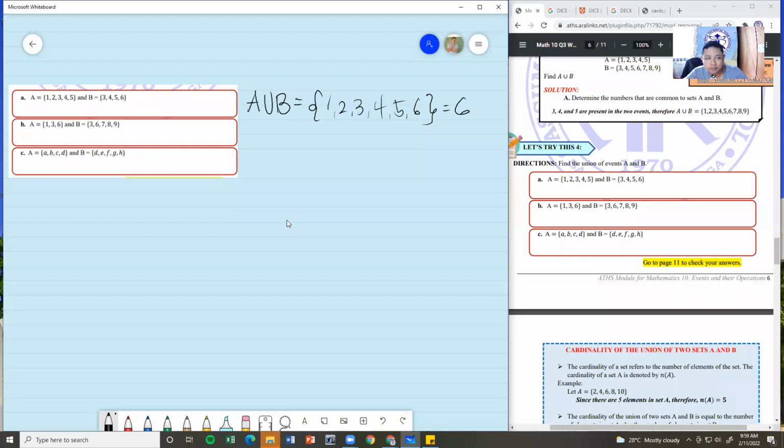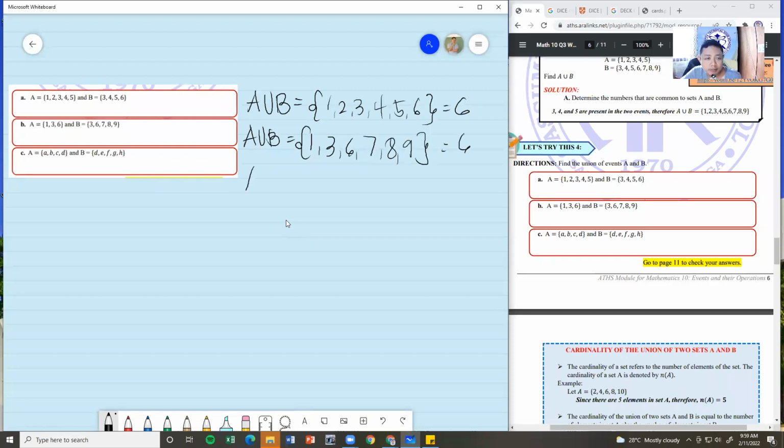Equal to 6. What about letter B? What's the union of A and B? 1, 3, 6, and 3, 6, 7, 8, 9. Type it in the chat box. Very good. So those are 1, 3, 6, 7, 8, and 9. And they are equal to how many? They are also 6.